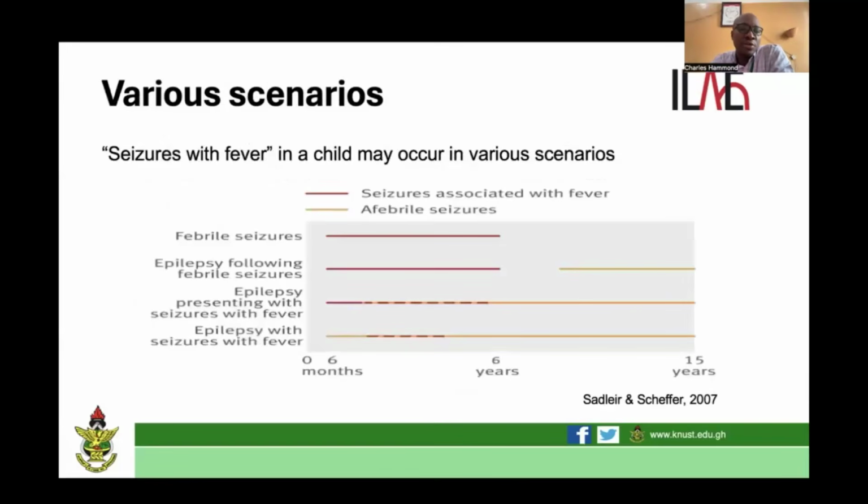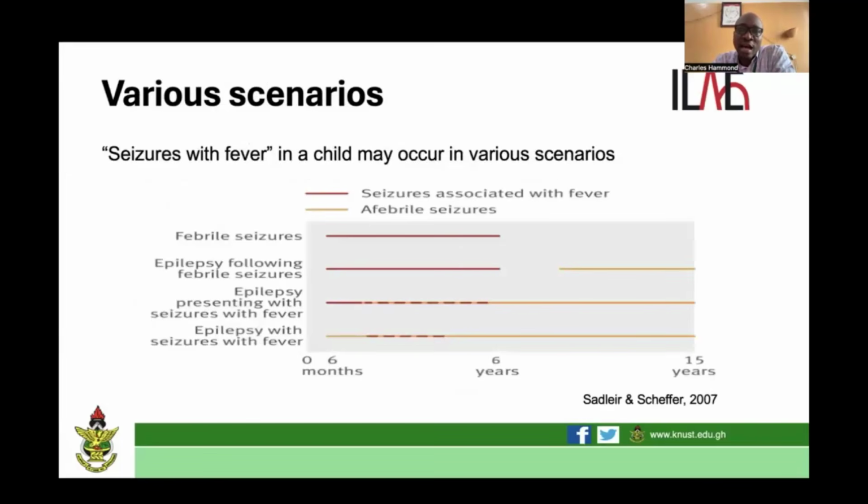There are various scenarios of children presenting with fever and seizures. So it may occur under various circumstances. The first category is the child who presents with seizures associated with fever.